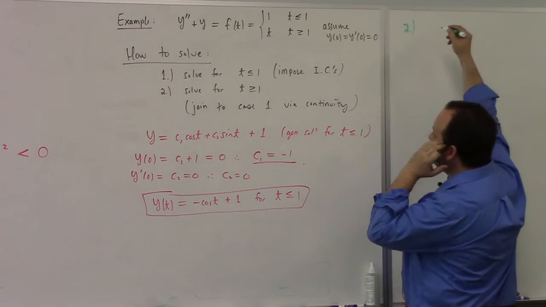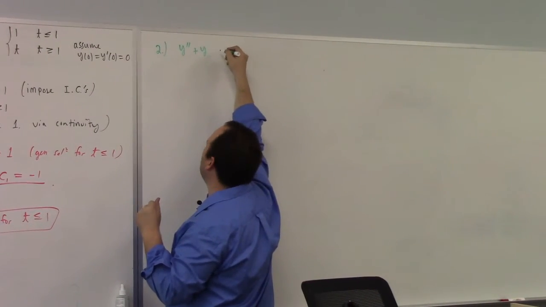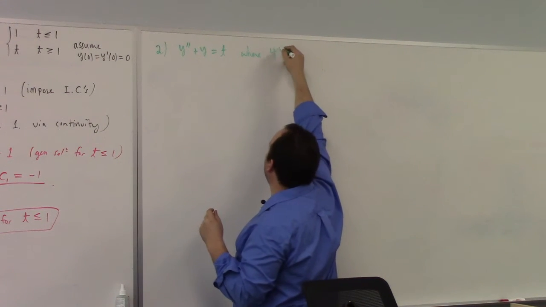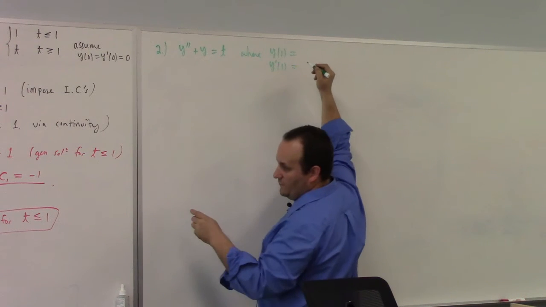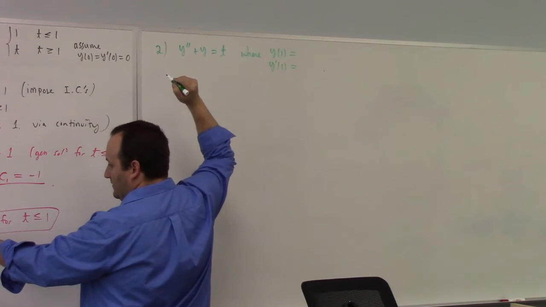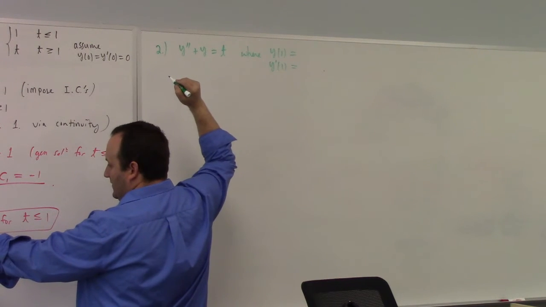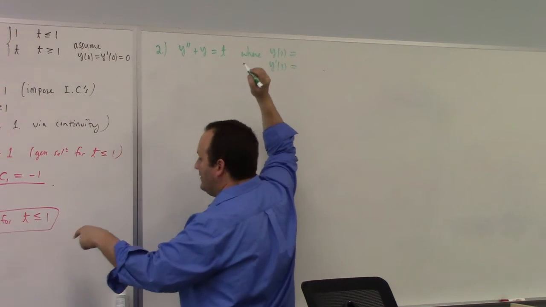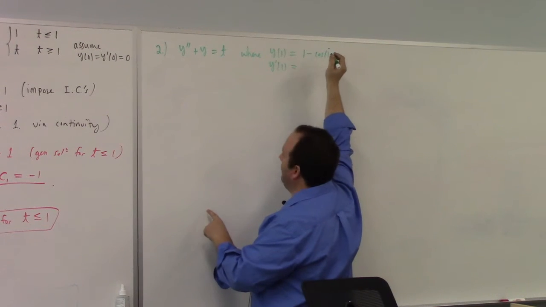To solve for t greater than 1, I have to solve y'' + y = t, where y(1) and y'(1) are whatever we're forced to have them be from this, right? So let's see here, y(1) is what? 1 minus cosine of 1, right?